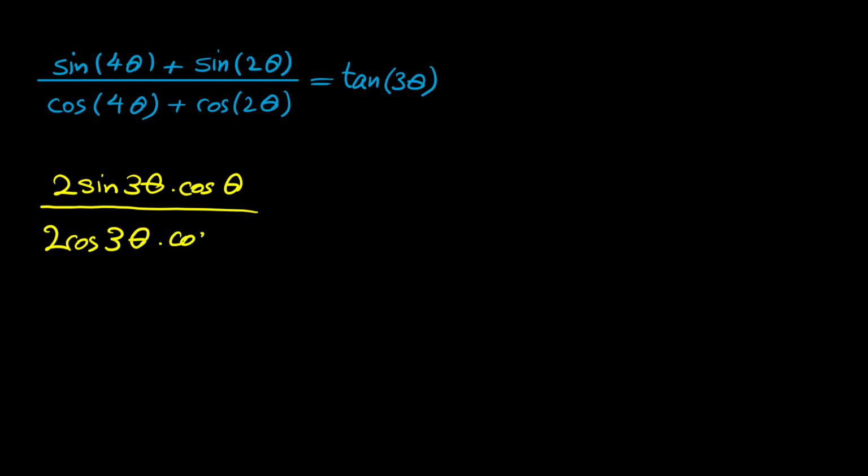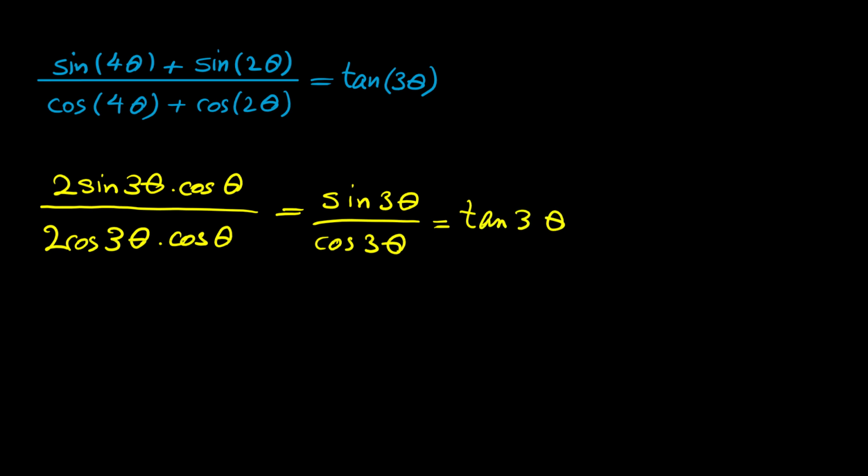Times cosine of the difference. 4 theta minus 2 theta is 2 theta divided by 2 would be theta. Simplify this. 2 with 2 cancels, cosine theta with cosine theta cancels, and we have sine of 3 theta over cosine of 3 theta. Sine over cosine, based on the quotient identity, is tangent of 3 theta. And we proved this identity with the aid of sum to product formulas.